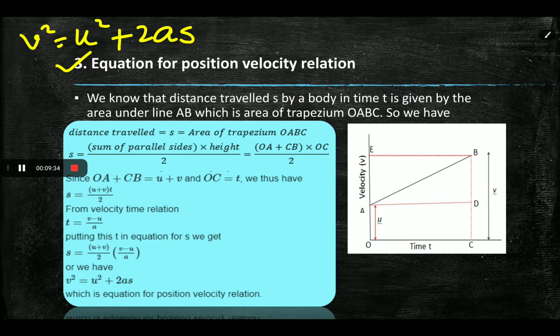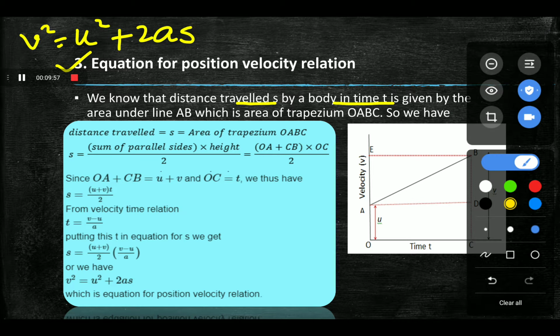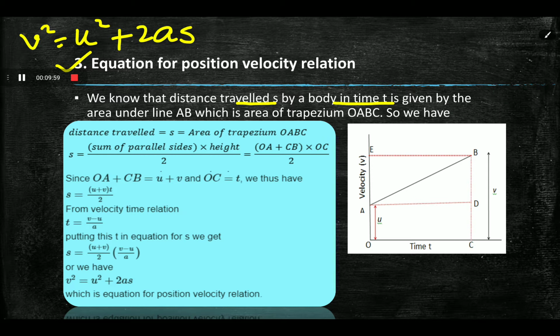So in this equation of motion, we know that the distance traveled by the body in time t, and the magnitude of the distance is calculated when we find the area between the velocity time graph and the time axis. Again, if you see here that this is the velocity time graph and this is the time axis.